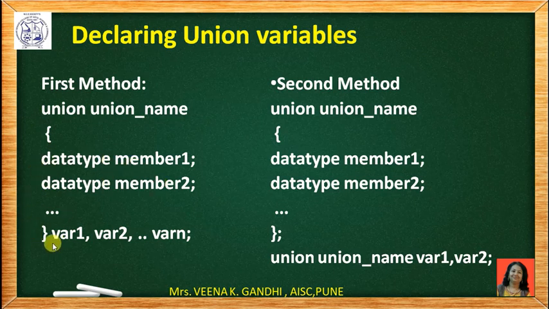After the closing braces, immediately you create the union variables. In the second method, first you declare a union completely by giving a semicolon. Then after that, you create the variables by the union keyword, then the tag name, followed by variable names: variable 1, variable 2, like that.